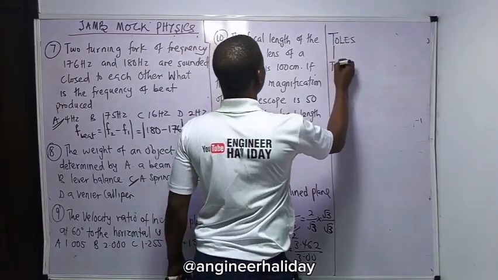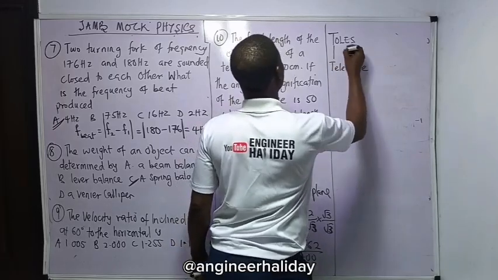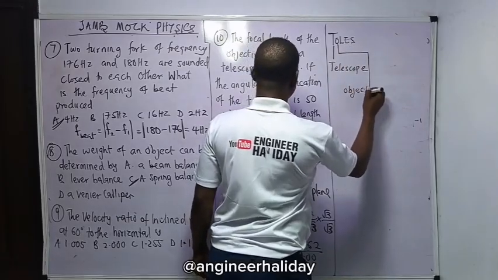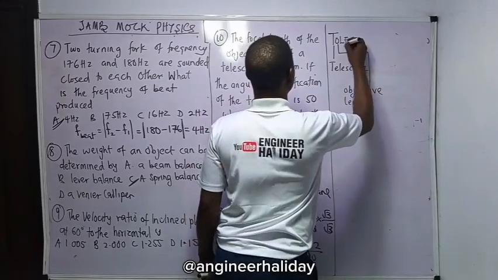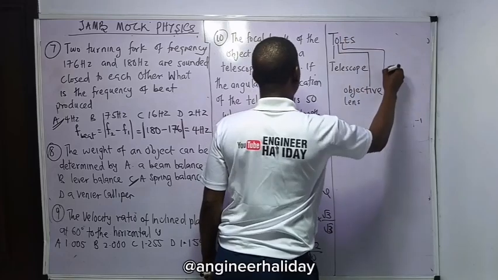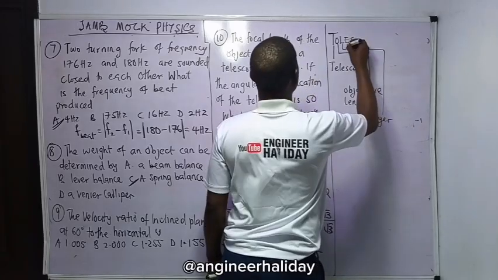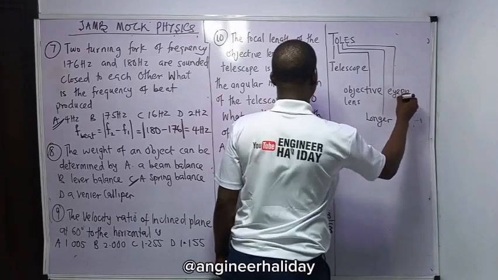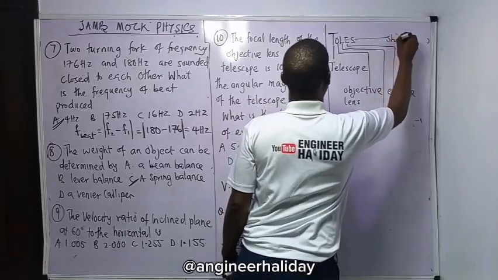It means that for all telescopes, their objective lens is longer, while the eyepiece lens is shorter.